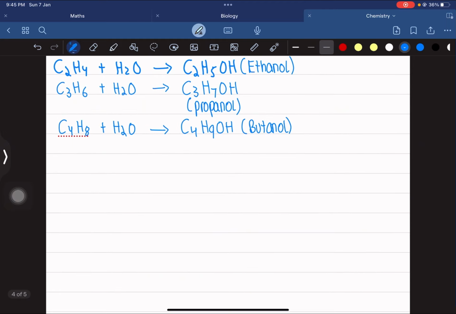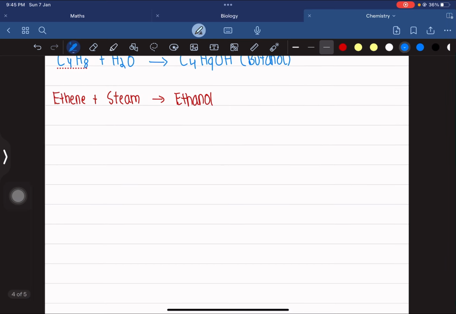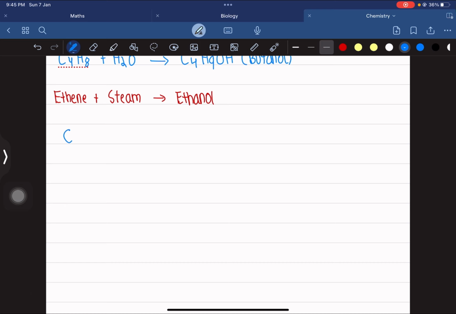Now let's see what happens. Let's draw the structural formula for ethene plus steam gives me ethanol. Let's first draw the structural formula for ethene, which is very easy.